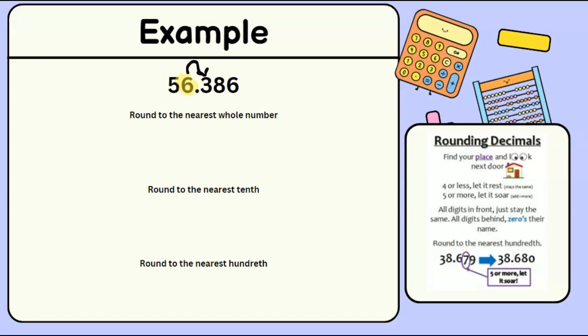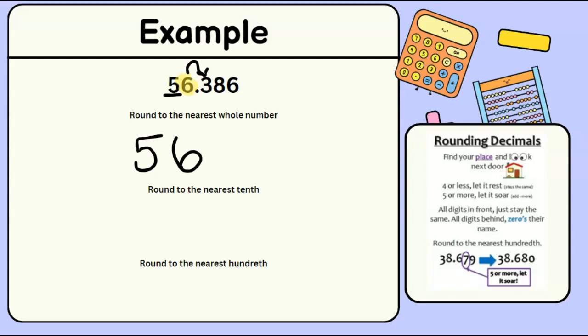4 or less, let it rest. 5 or more, let it soar. Because 3 falls in that 4 or less category, my 6 is going to stay the same. So remember, anything before the place value that I'm rounding stays the same.